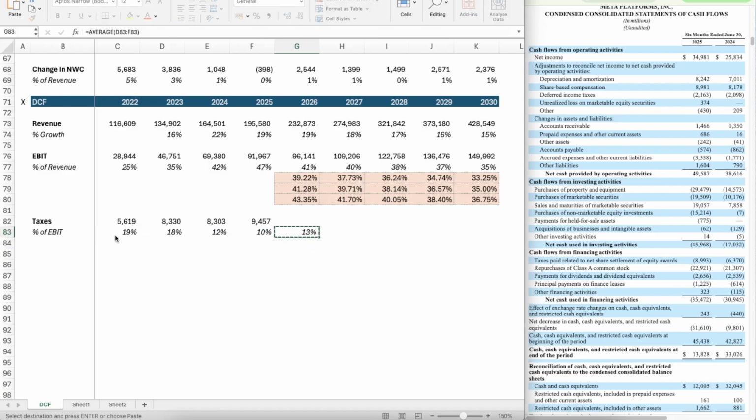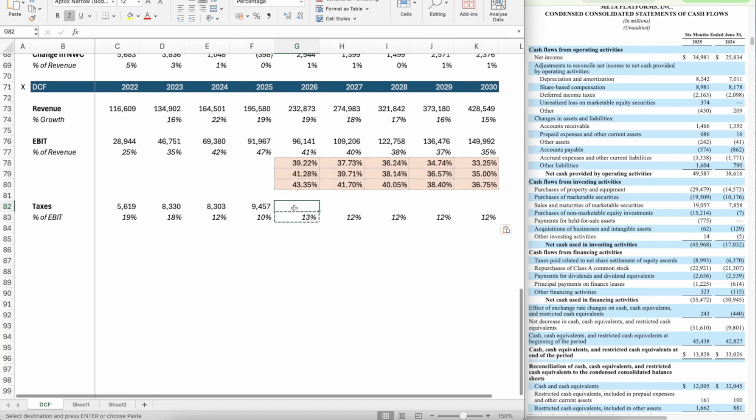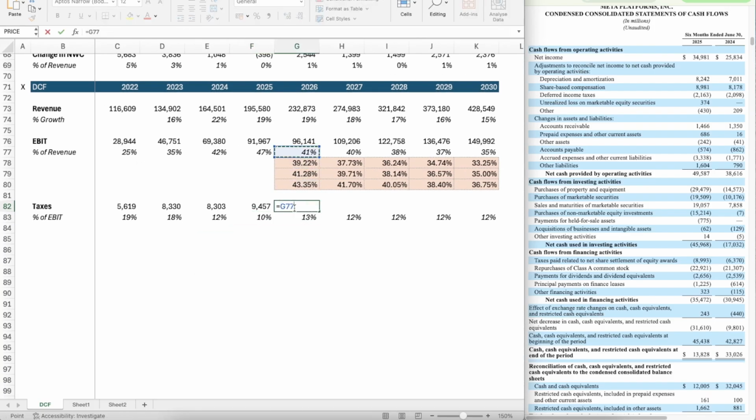We take the average, and then we do the EBIT multiplied by the tax rate, the percentage of EBIT, and that helps us forecast.